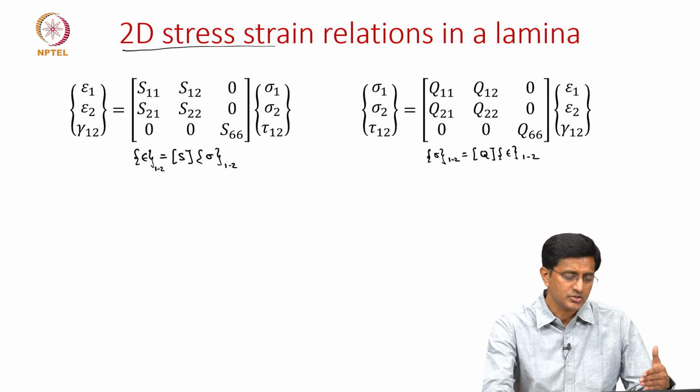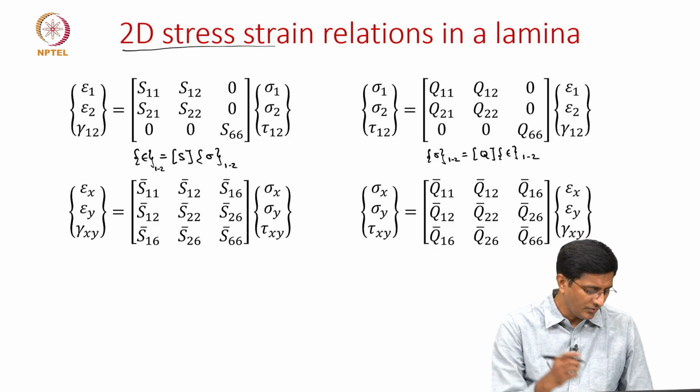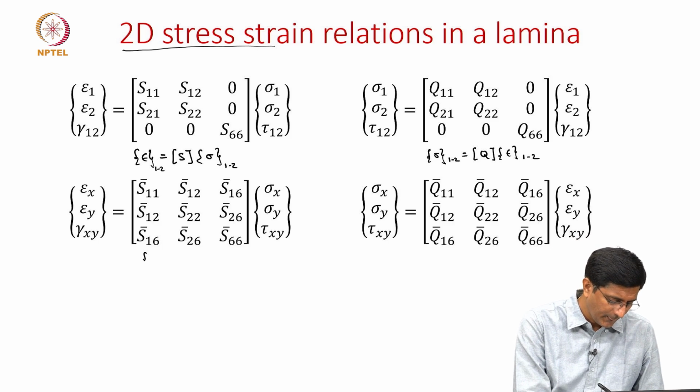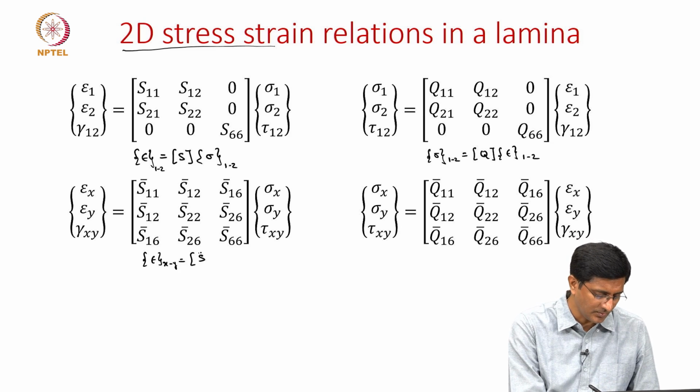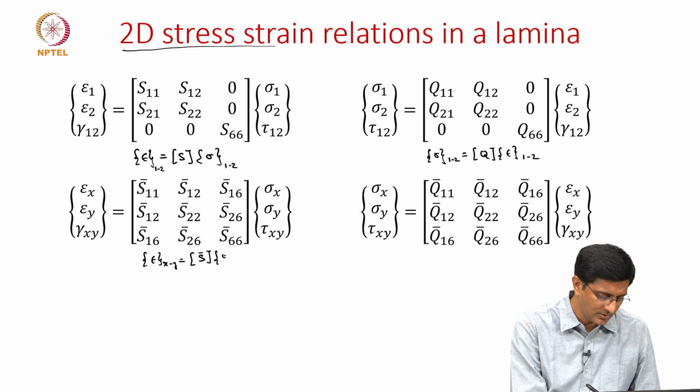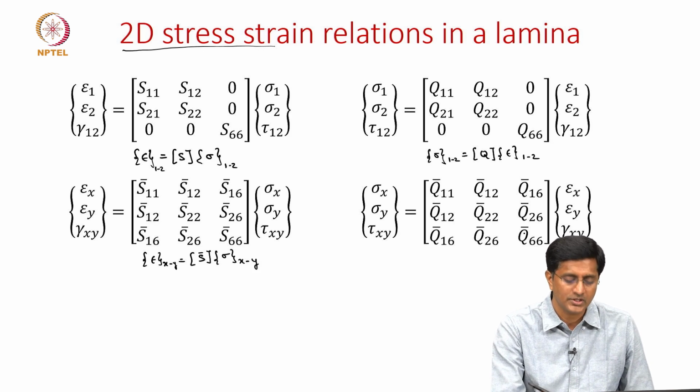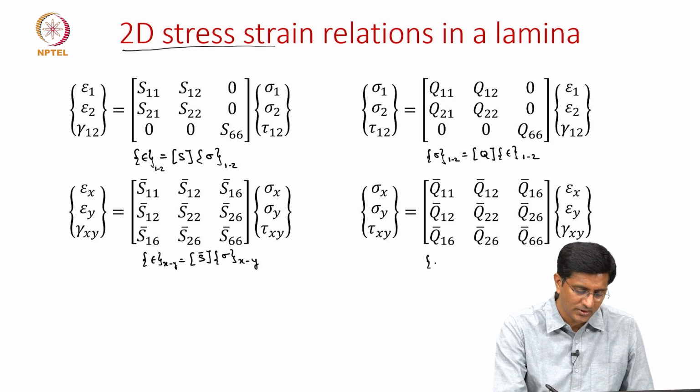Next, we also showed these relations in the body coordinates, where we said the strains in the body coordinates xy are written in terms of the transformed compliance matrix S bar times the stresses. And for the stress-strain relations, we use the transformed stiffness matrix Q bar.